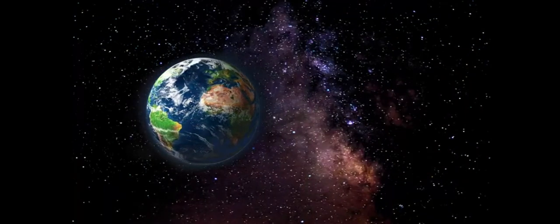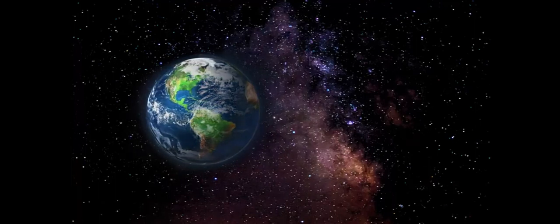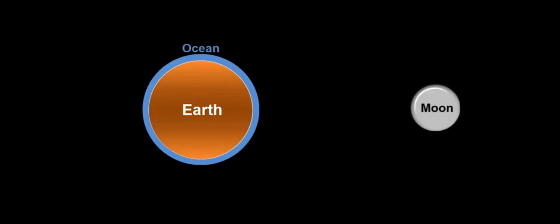Here's the Earth rotating on its axis every 24 hours. We'll now draw the Earth as a diagram with its surrounding layer of ocean. And to the right is the silvery moon. Everything is attracted to everything else in the universe with the force of gravity.